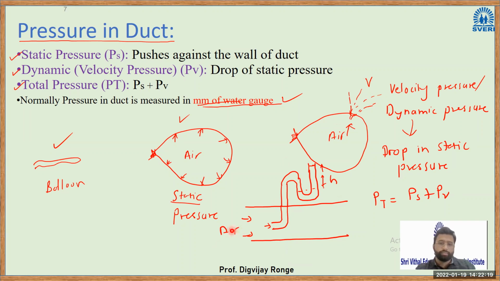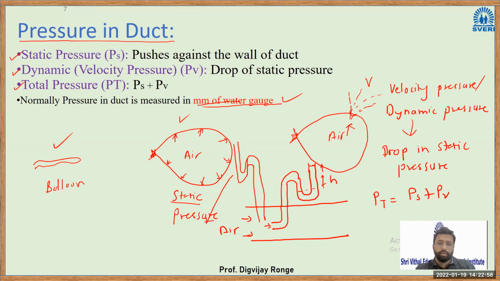Let us say this is the initial manometer I have connected, just a vertical manometer. It is just straight inserted into the duct. In this case, whatever reading it gives you will be the static pressure.